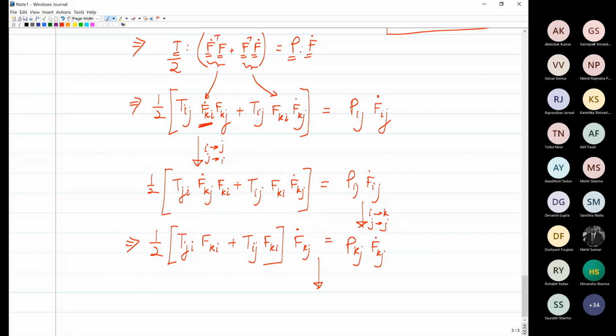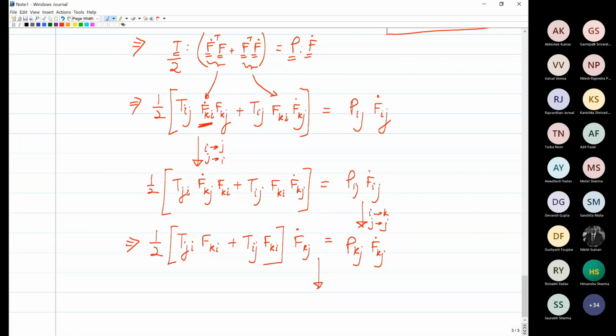Each of the F dot_kj are independent of each other. By that I mean F dot 11, F dot 12, F dot 13, they are all independent of each other. You can vary each of them independently. You can think of a deformation such that F dot 11 is something in one, F dot 12 is something in other two, and likewise.